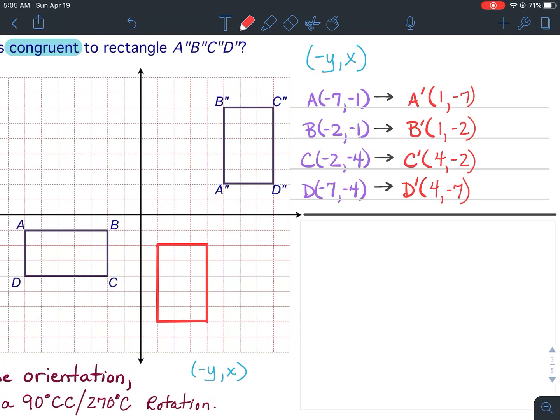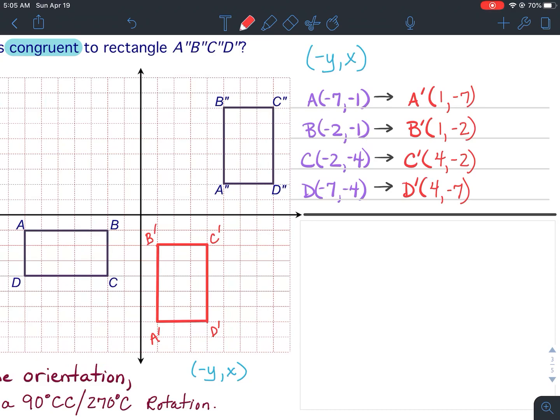So 1, negative 7 would be A prime, 1, negative 2 would be B prime, 4, negative 2 would be C prime, and 4, negative 7 would be D prime. Go ahead. Make sure you're using straight lines and label it properly. Pause your video to do so.